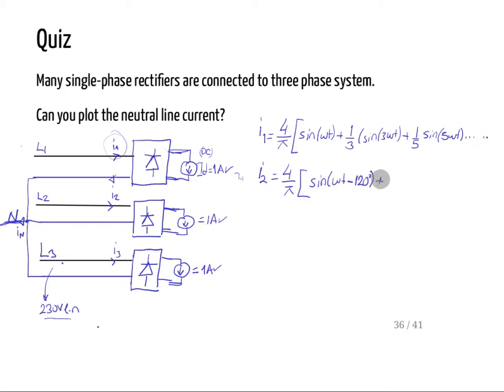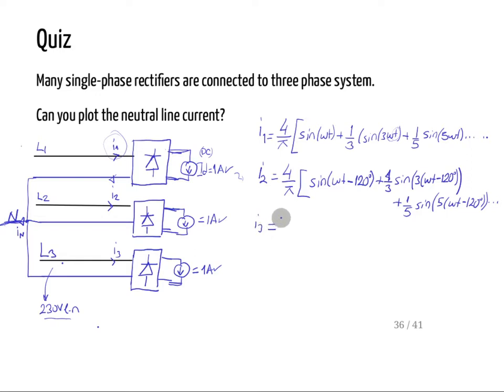The important thing, if you remember from last year, is that the time component is also multiplied, so it becomes 1 over 3 sine 3 omega t minus 120 degrees, because it is also multiplied, plus 1 over 5 sine 5 omega t minus 120 degrees, and so on. And for I3 I can write the same thing.